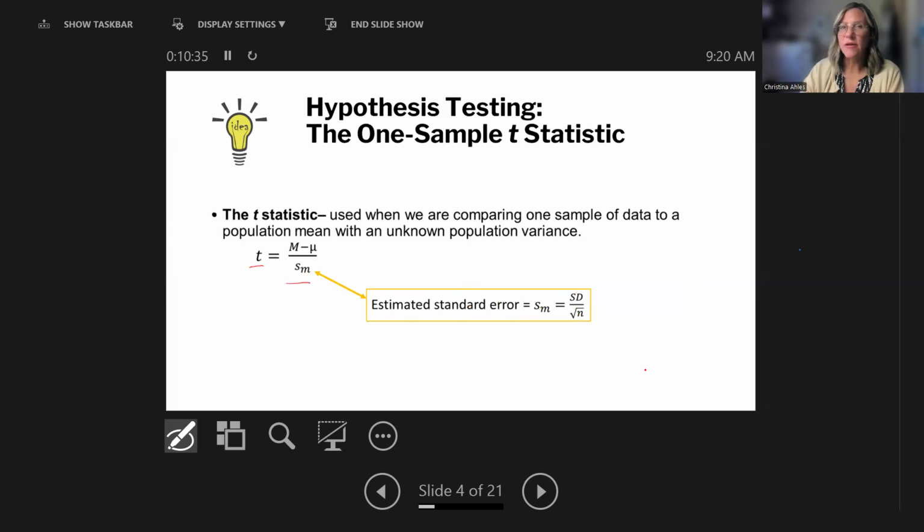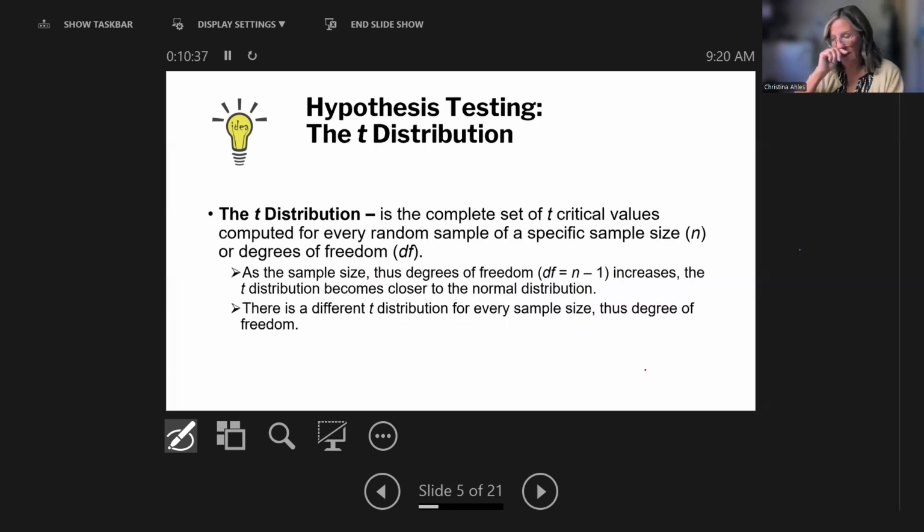When we're calculating the t statistic, we are now going to be using the t distribution instead of the unit normal distribution or the sampling means distribution. There is a different distribution for every sample size. Every sample size, or every degrees of freedom, has its own distribution to compare things to.